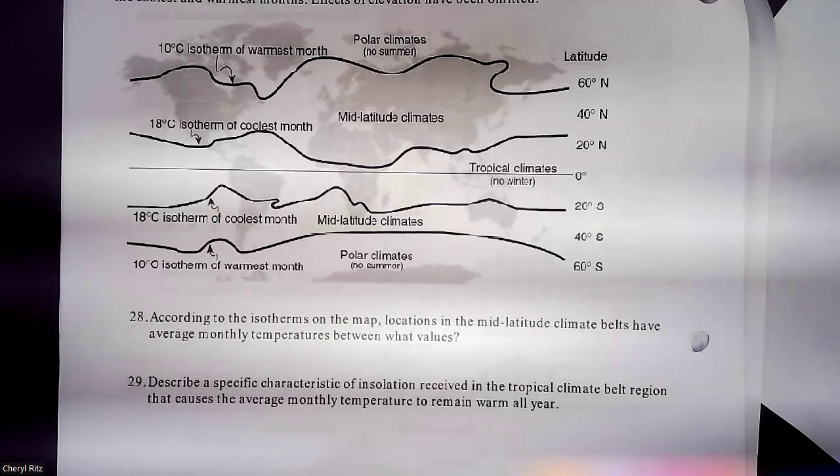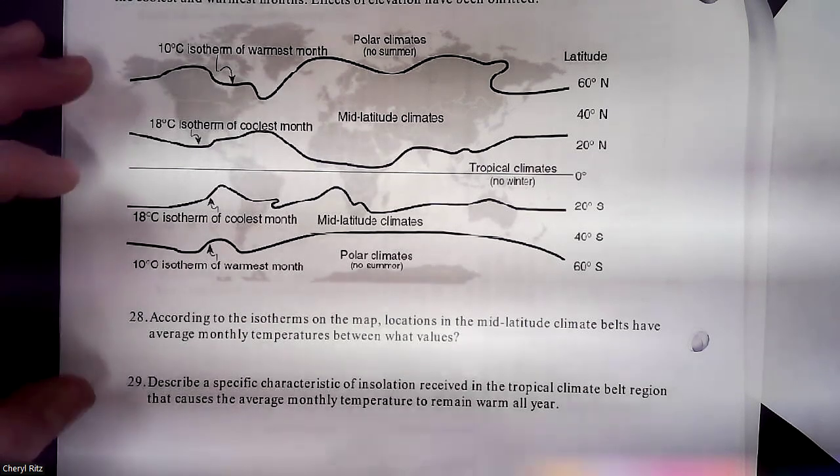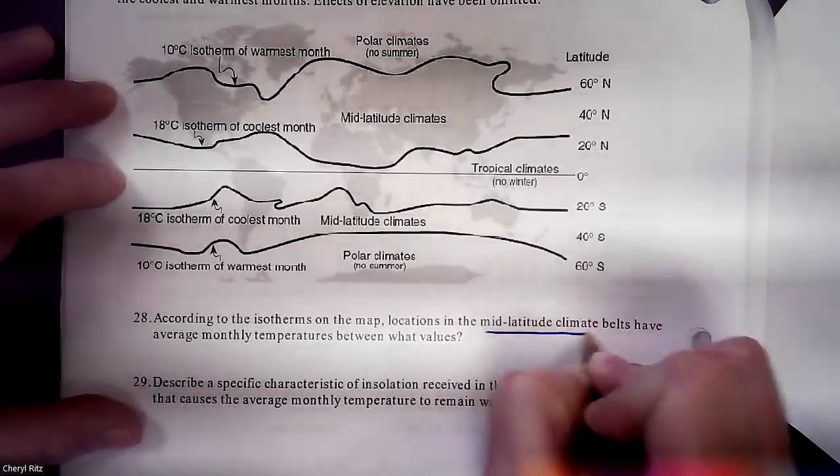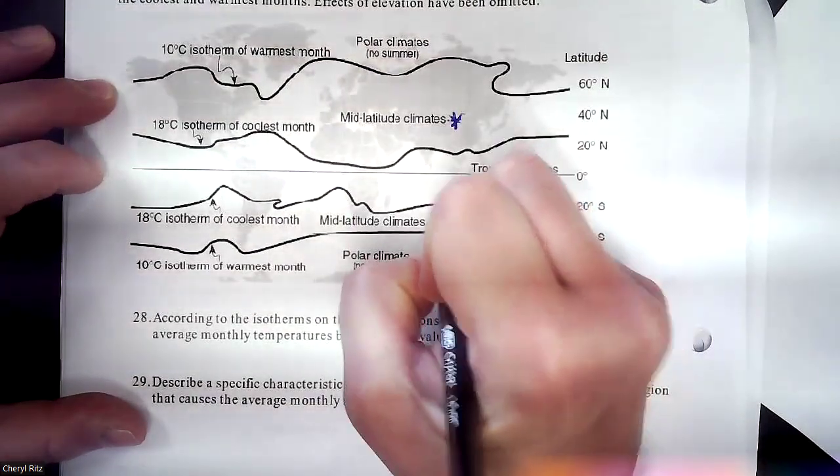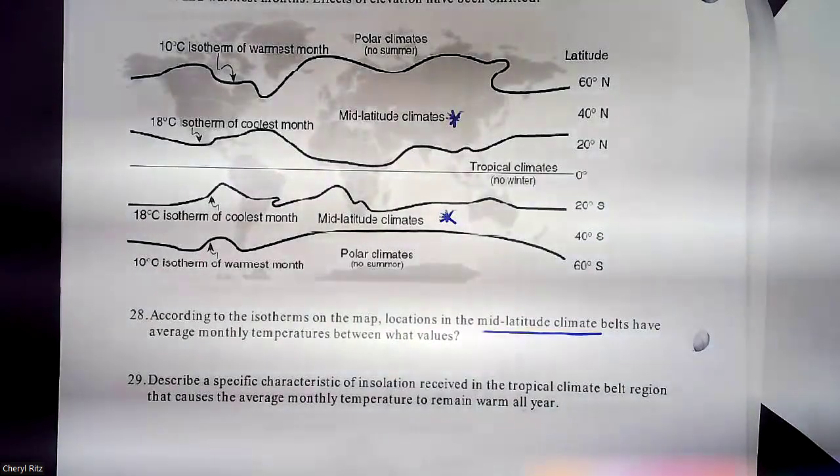So can I just ask someone, question 28? The mid-latitude climates, what does their temperature go from and to? Do we know? Yeah, Colton? Yes. So how we did this, the mid-latitude climate belts, here's one, and here's one. They're designated by their isotherms.